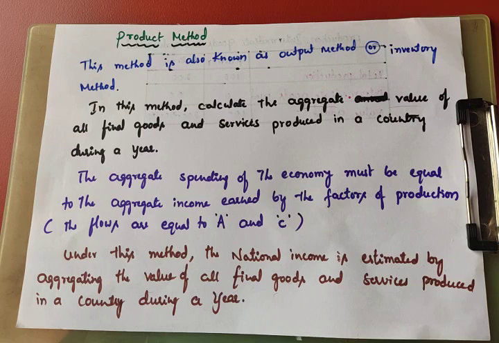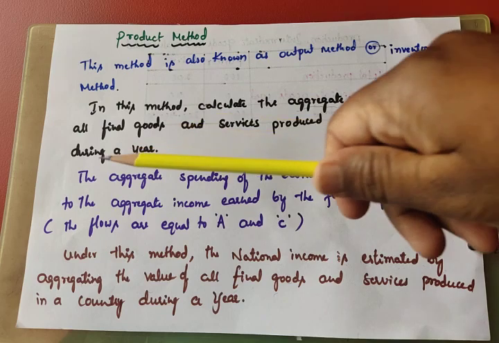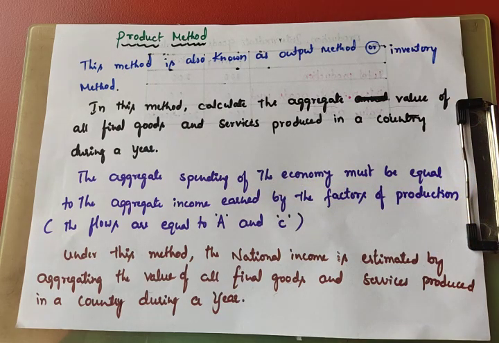There is one more assumption while calculating national income, whether discussing the product method, expenditure method, or income method. We should assume that the aggregate spending of the economy must be equal to the aggregate income earned by the factors of production.